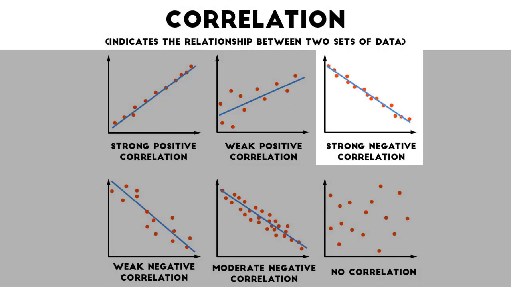Then there's strong negative correlation, and strong negative means that one value has the opposite of the other value. For example, suppose you were correlating the number of absences that students had at school and their overall grades.